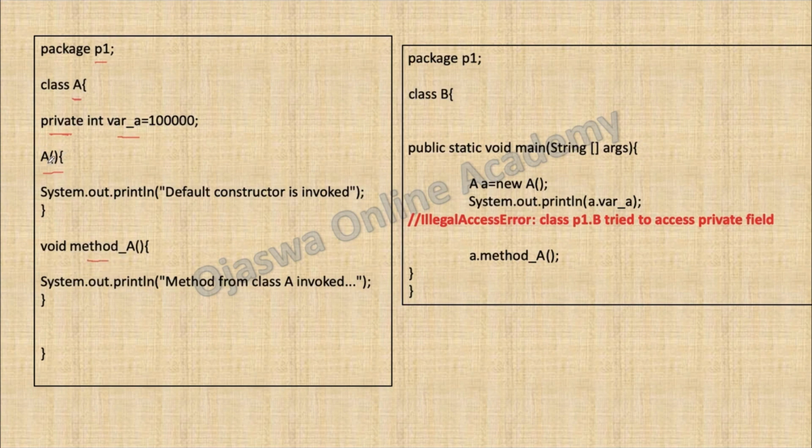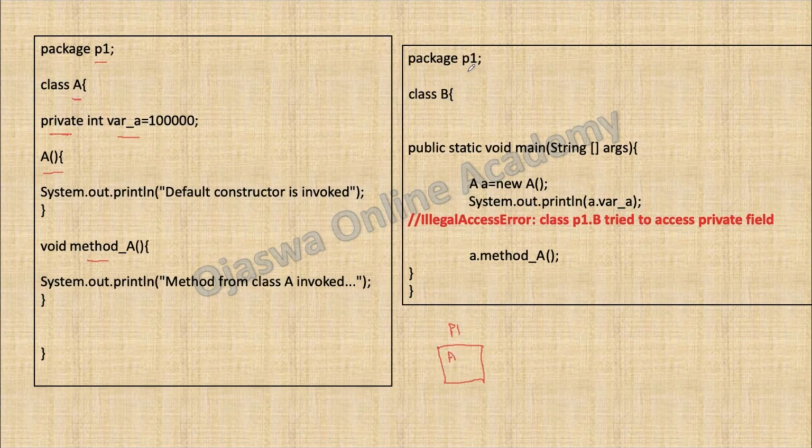If you see, the constructor and method have default scope, but the instance variable var_A has private access because it is preceded with the private keyword, and the private keyword is used to specify the private access modifier. Now when you execute this file, package P1 is created and class A is created inside package P1.